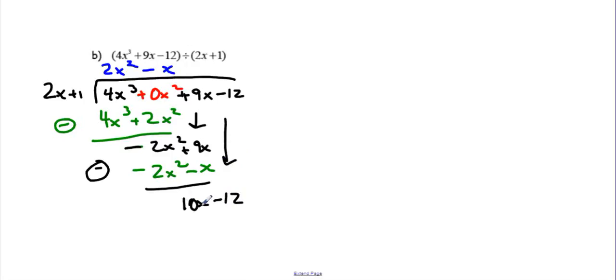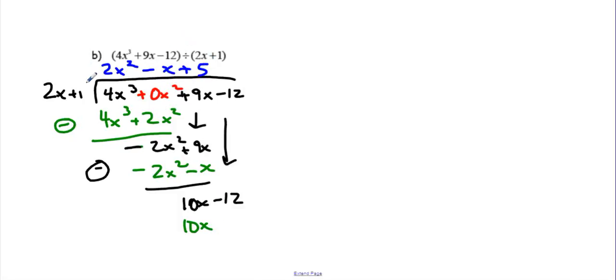Now we're going to start the process over again. Last iteration here. 2x times what gives me 10x? And that's 5. So I'm going to put plus 5 up here. And then I'm going to take 5 times 2x. That should be 10x, and it is.